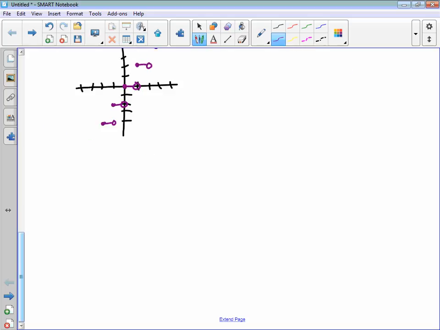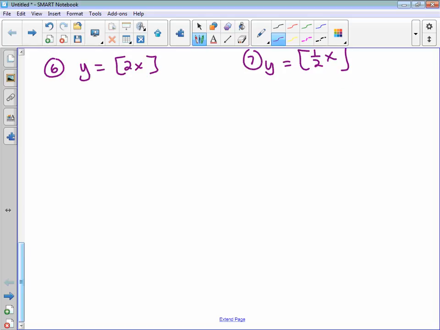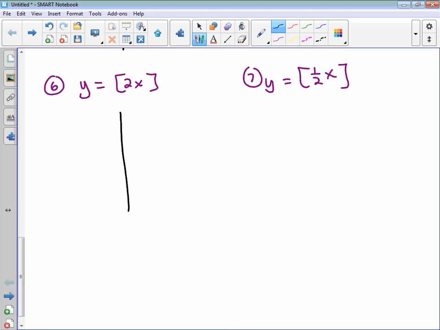So that's the last thing we're going to do. What if the 2 is inside? And then we're also going to do what if it's a half inside? So when it was outside, it changed your graph vertically, right?